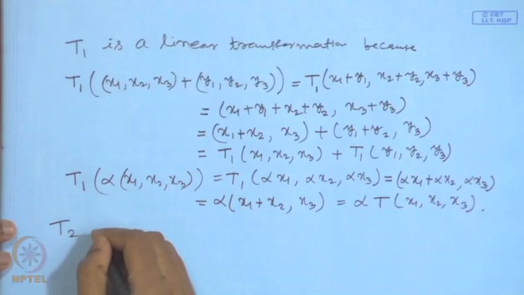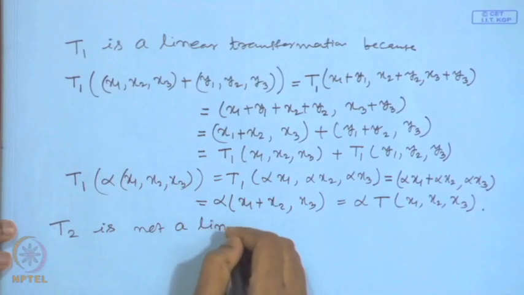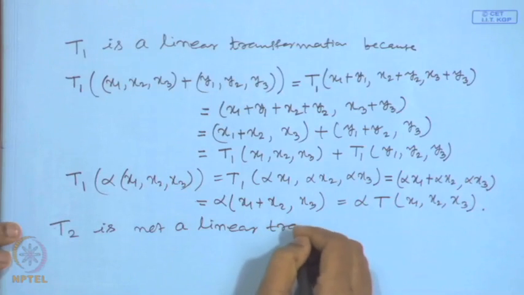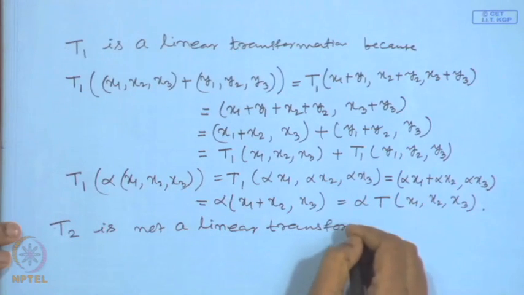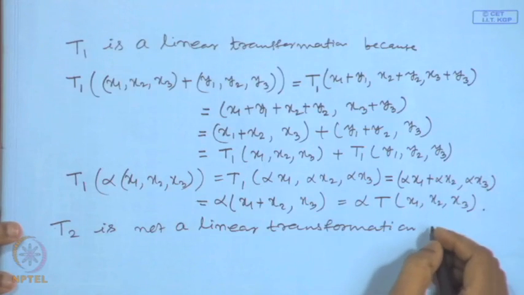But one can check that T2 is not a linear transformation, because it does not preserve addition. Of course, it does not preserve scalar multiplication also.